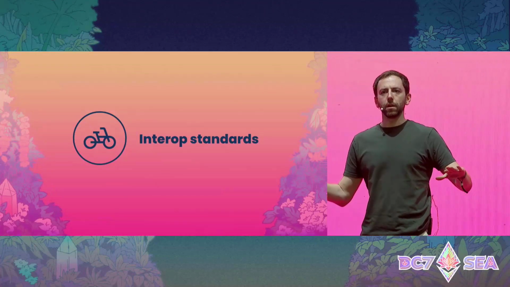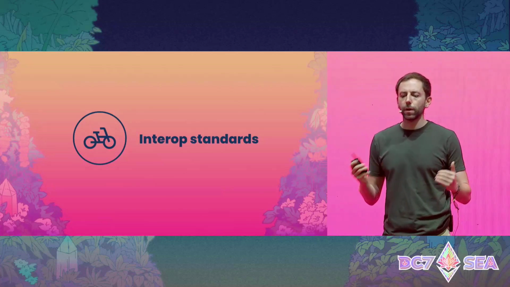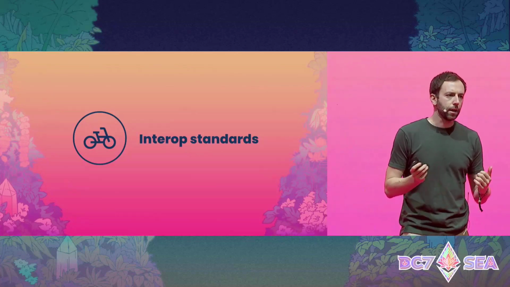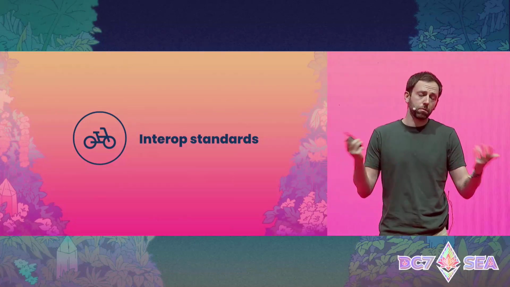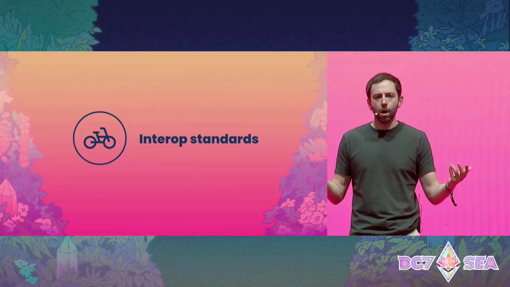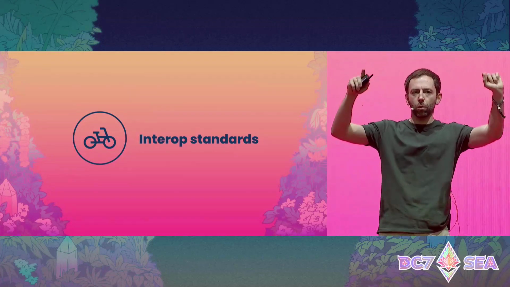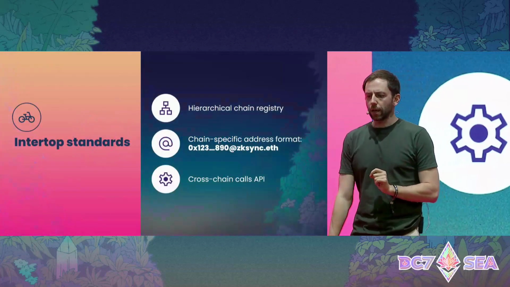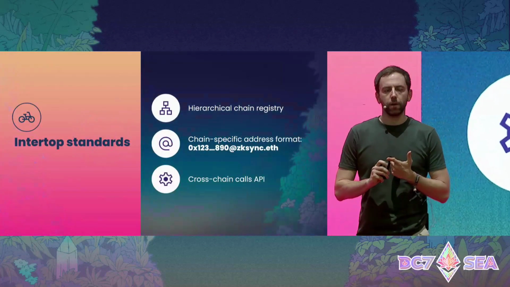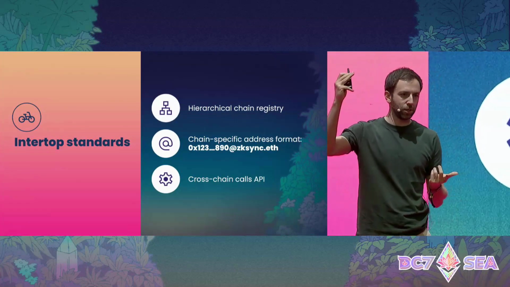The first level, the lowest hanging fruit, is to agree on the standards for interop across all rollups. For the rollups that are being deployed right now, we cannot perfectly connect them, but at least we can agree on the future way we will be connecting them, and then some definitions. This includes a chain registry. It should not be a GitHub account where someone manually assigns chain IDs.